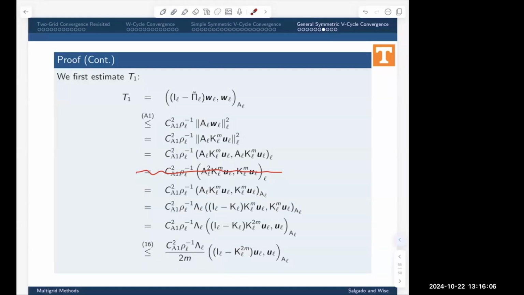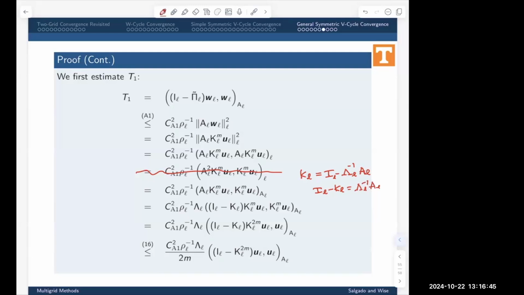And now I'm going to use the property that says that, well, let's see. So we have KL, that's equal to I minus pi L inverse times AL. So now if we do I minus KL, that's just equal to pi L inverse times AL.